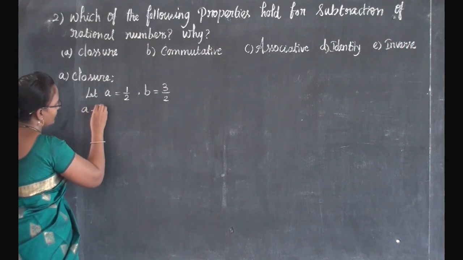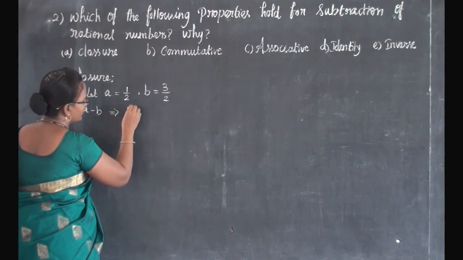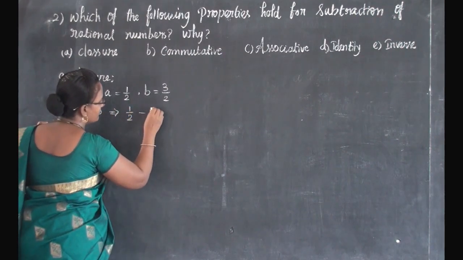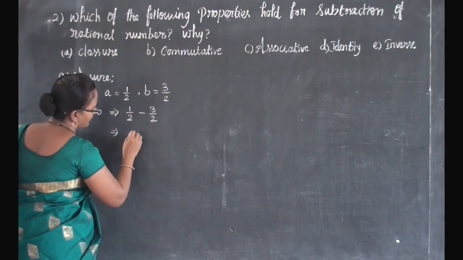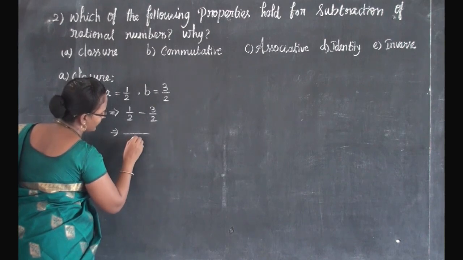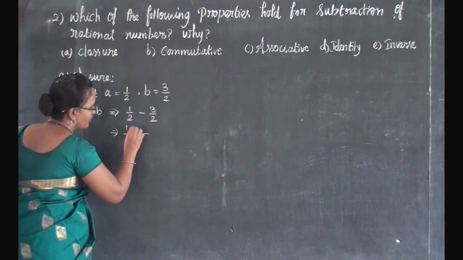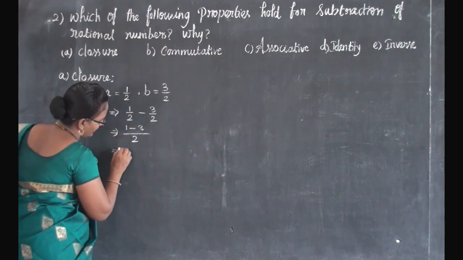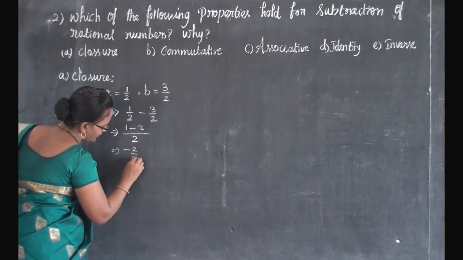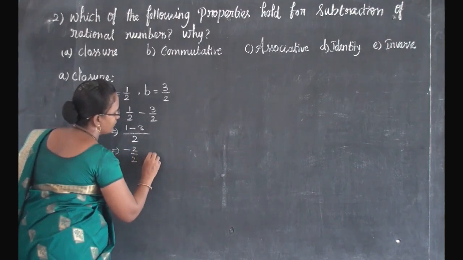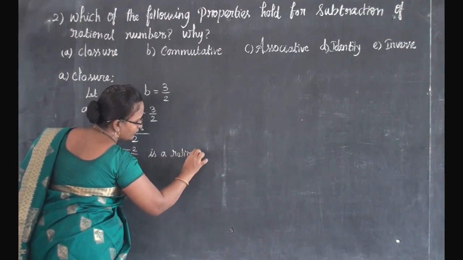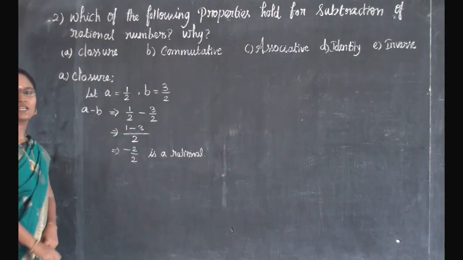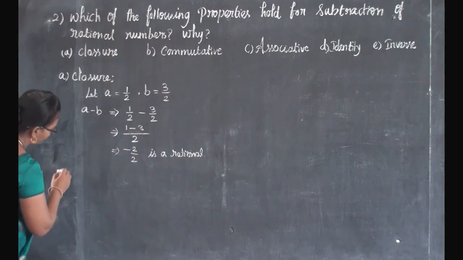So A - B is equal to 1/2 - 3/2. Denominators are same. So put in common, 1 - 3. We get -2/2. It is also a rational number. So closure property is satisfied under subtraction.